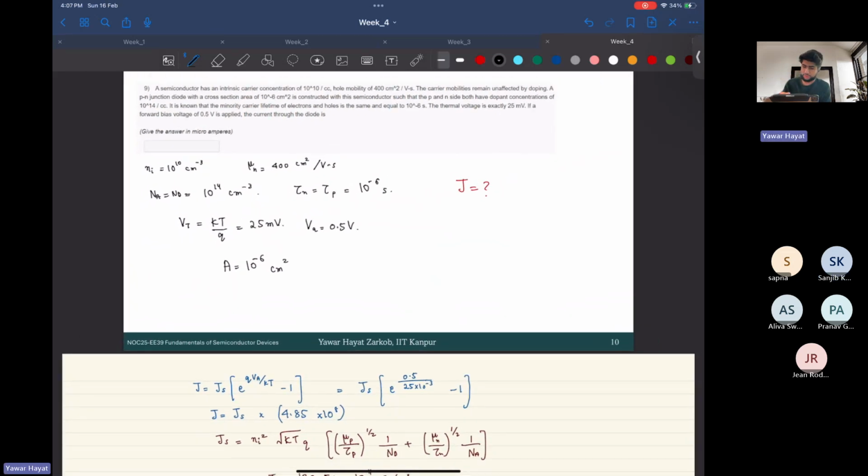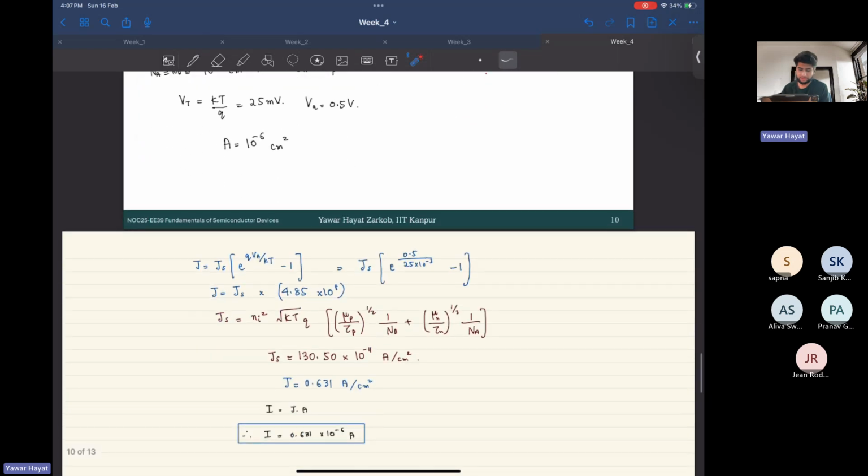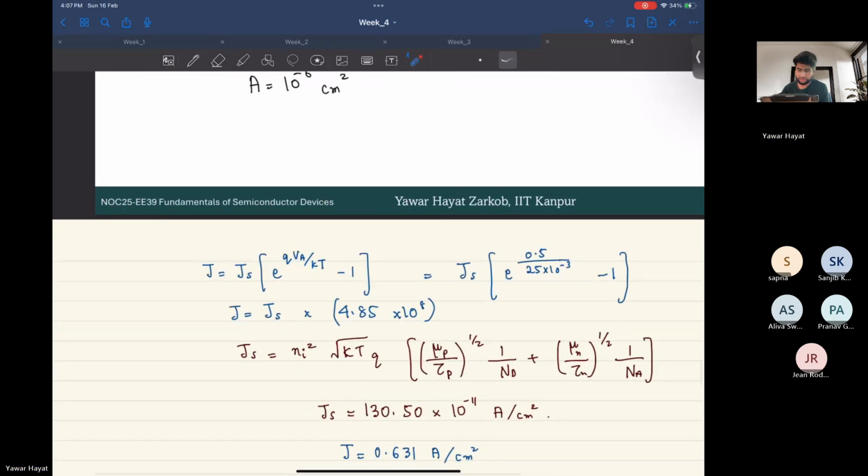Okay. So ni was given, hole mobility, electron mobility, and other quantities were provided. What we had to compute was the current through the diode. In terms of current density, there are multiple ways of approaching this problem. You can use the notation, symbols and formulas that you have gone through in the course.